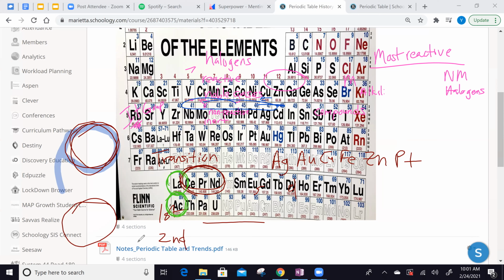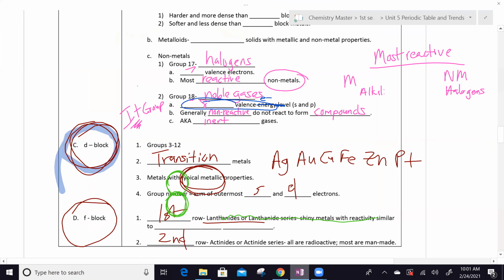All right, so remember we talked about the colors representing different things. Look at all of these clear boxes. What that means is, a couple of things. One, most of them are man-made. And they also tend to be very radioactive. So remember I told you those clear ones mean that they are man-made.